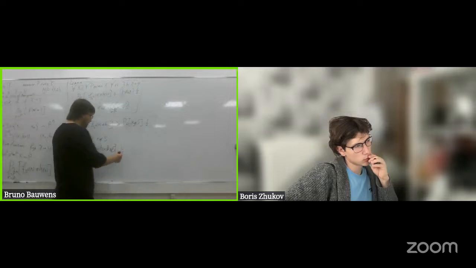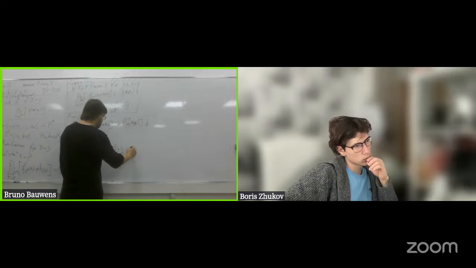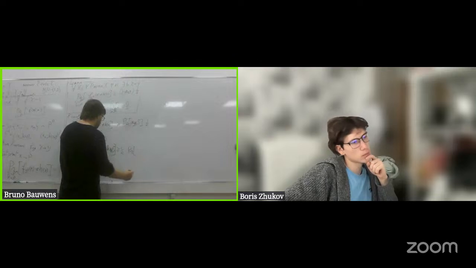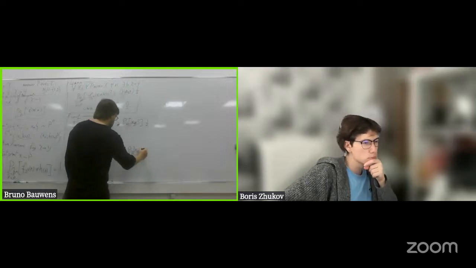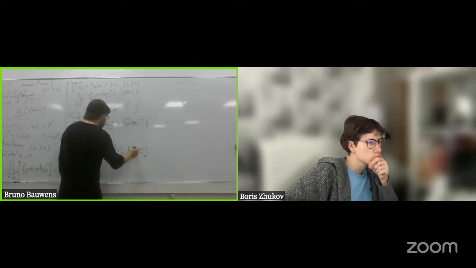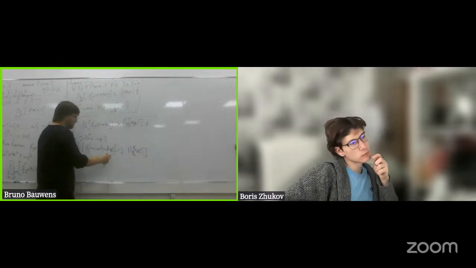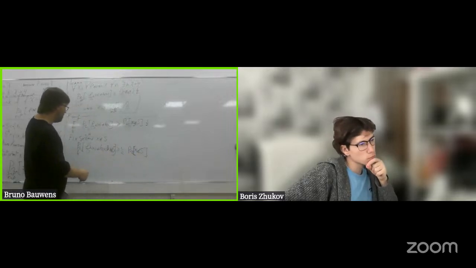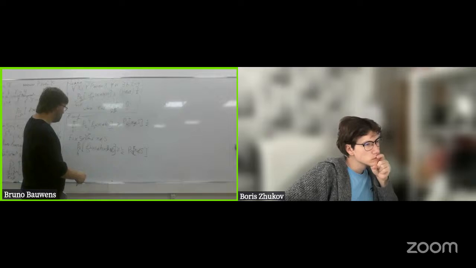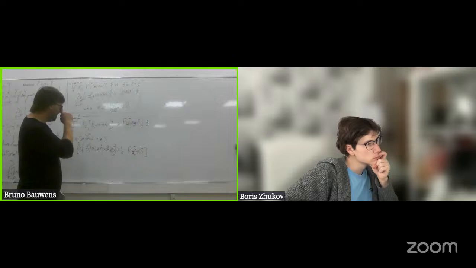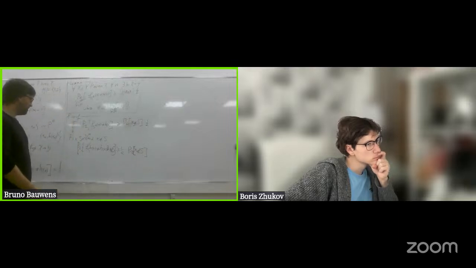I claim that this probability is at least 1/2 times the probability that x is not in S. Actually, this is equal, right? What's happening here?